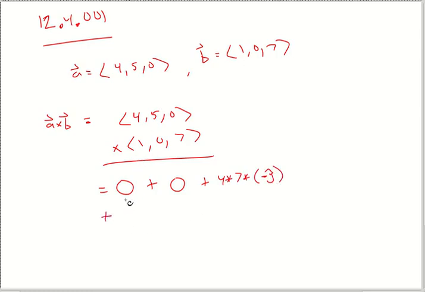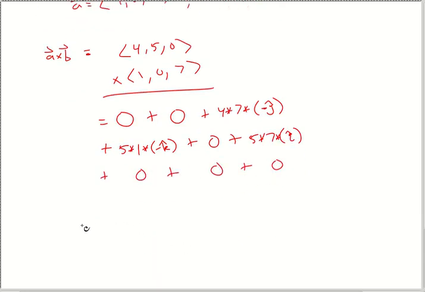Okay. 5 times 1 is going to be a 5, of course. This is the negative k component. Always a 0 in the middle. And then 5 times 7, and this component here was a positive i component. Keep cruising. 0 times anything is 0, and this is always a 0 right there.